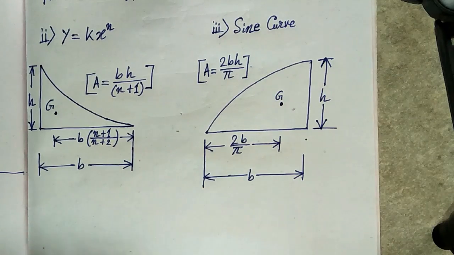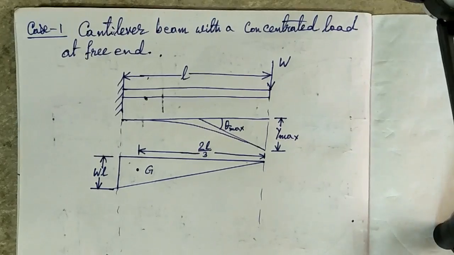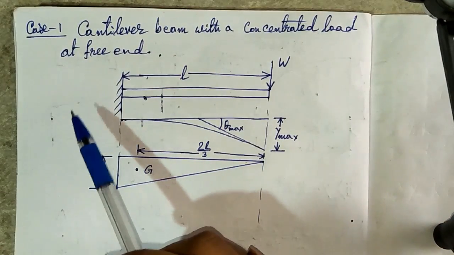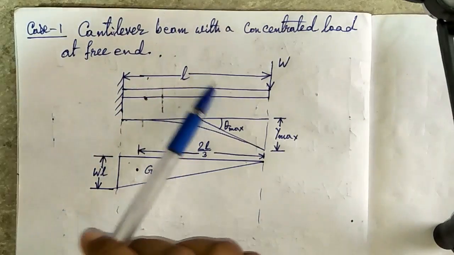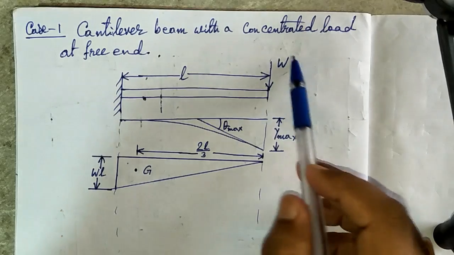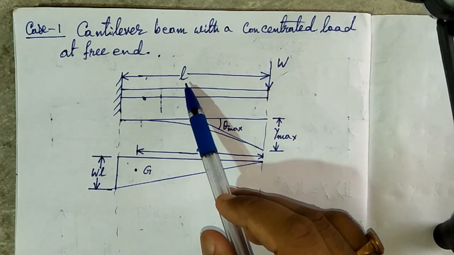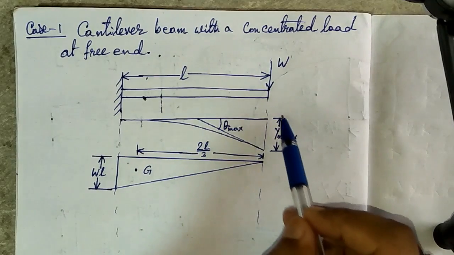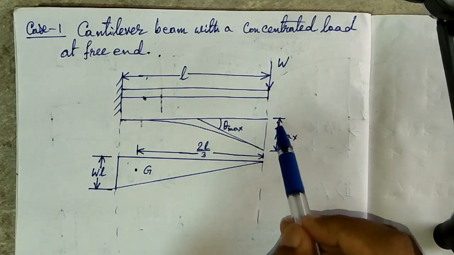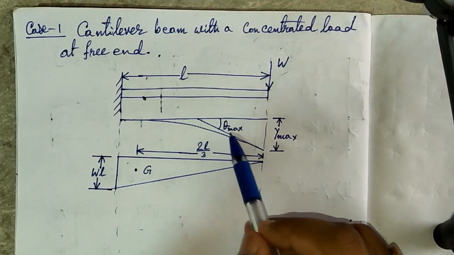Let's see how to find the slope and deflection in simply supported and cantilever beams using this moment area method. Case 1 is a cantilever beam with a concentrated load at the free end. This is the beam, and this is the concentrated load W. The length of the beam is L. This diagram is the deflection diagram: y max is the maximum deflection at the free end, and theta max is the maximum slope at the free end.